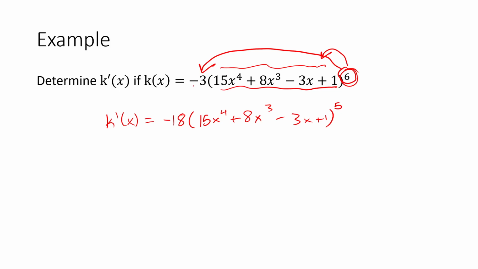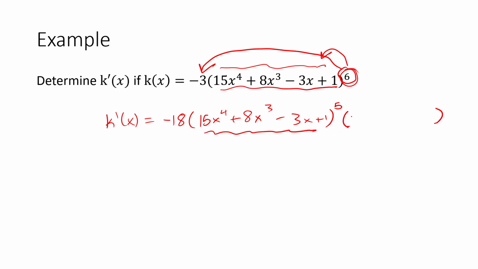Now, if the question was, what's the derivative of negative 3x to the 6, then the answer would be negative 18x to the 5. But that wasn't the question. It was negative 3 function to the 6. So my derivative is negative 18 function to the 5 times the derivative of that function. I have to figure out the derivative of what's inside here.